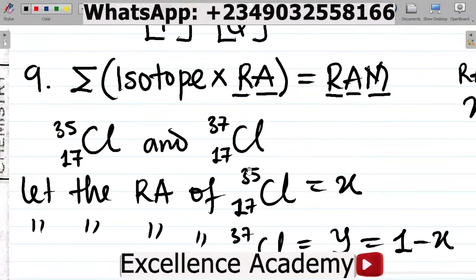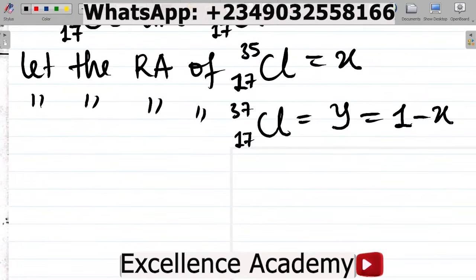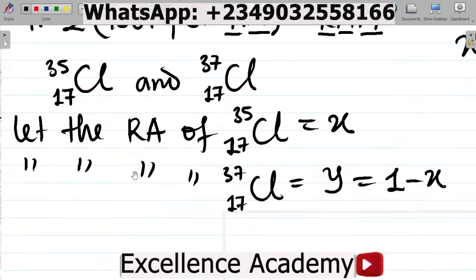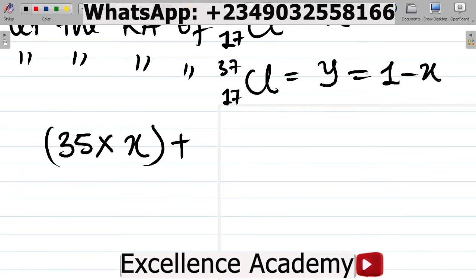Coming back to the question, the sum of the different isotopes multiplied by their relative abundance should be equal to the relative atomic mass. So let's start with 35. It means 35 times its relative abundance X, plus, next up is isotope 37 multiplied by its relative abundance.